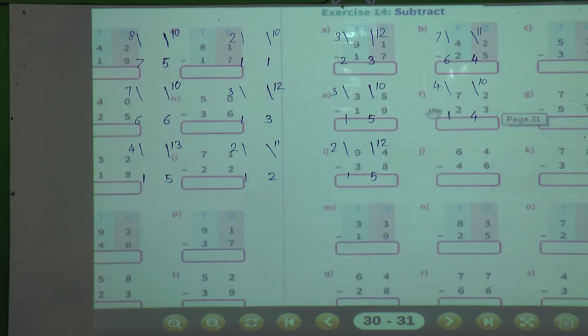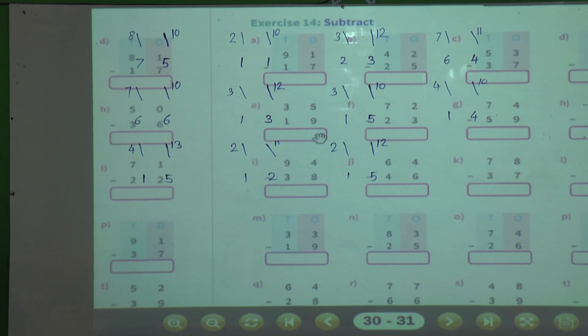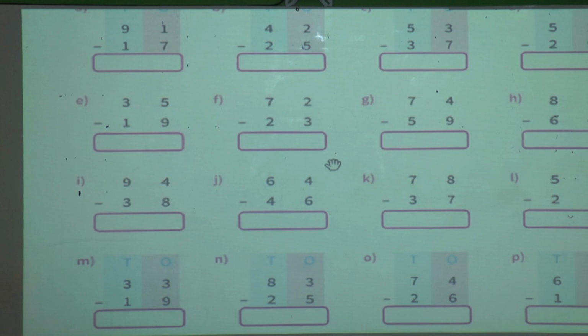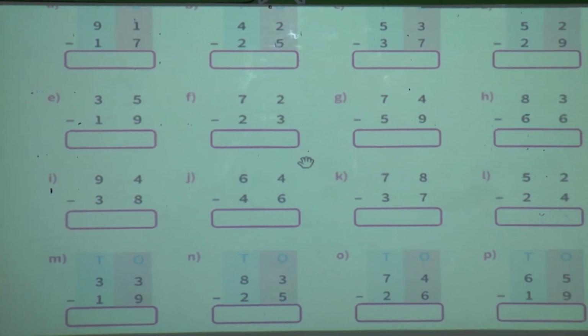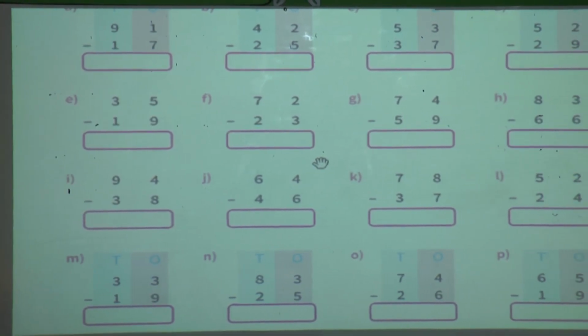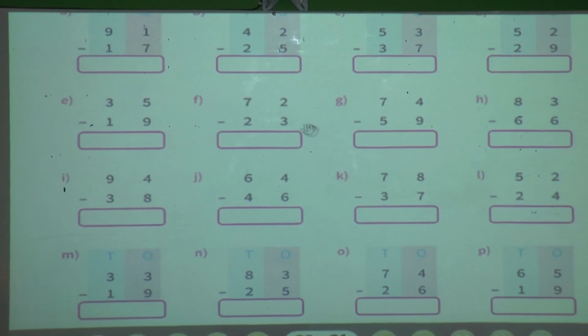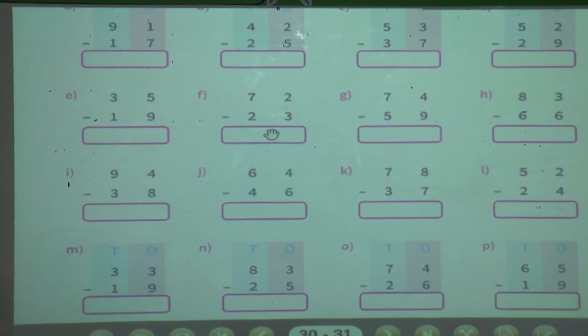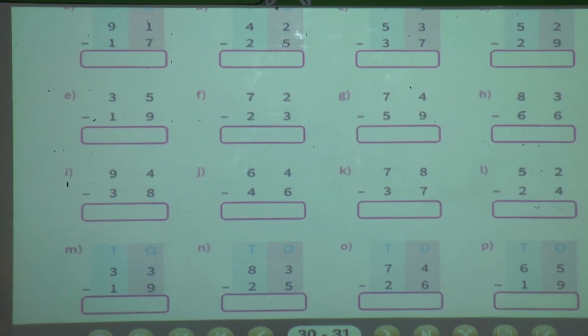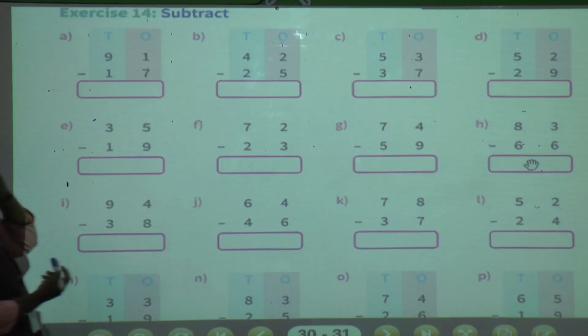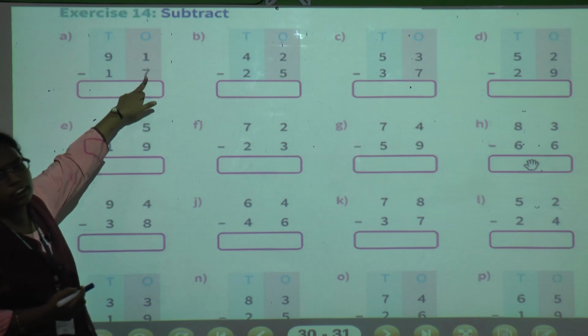In this I will show you 3 sums, and the remaining you can do at home. See here now, exercise 14, subtract: 9 tens minus 1 tens and 1 ones minus 7 ones. How will you do it here? 1 minus 7, does it go?